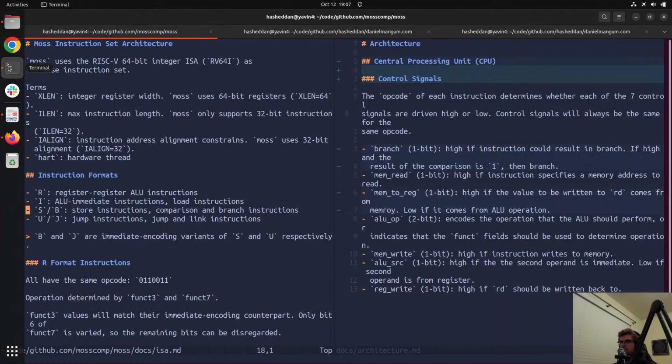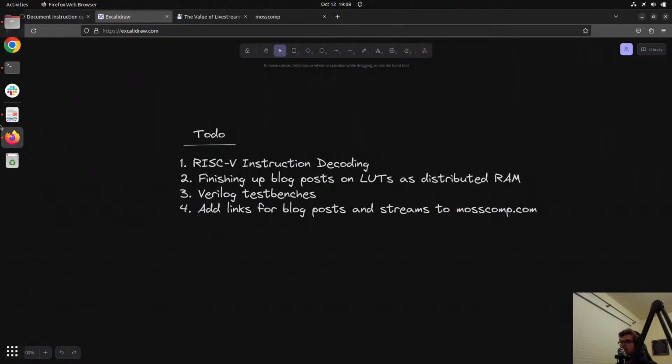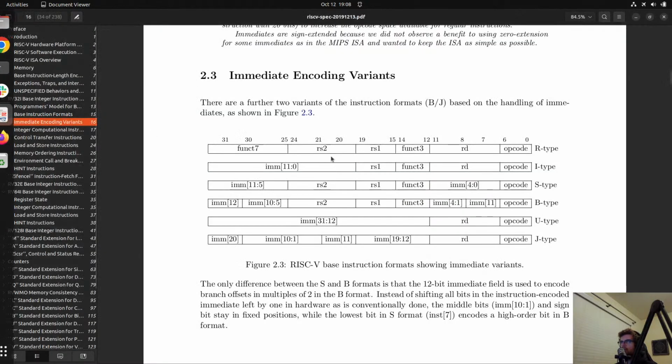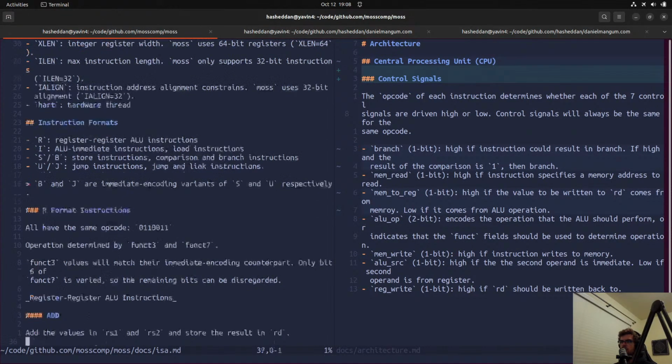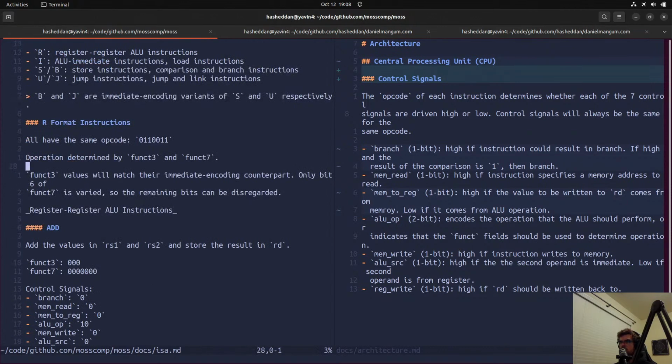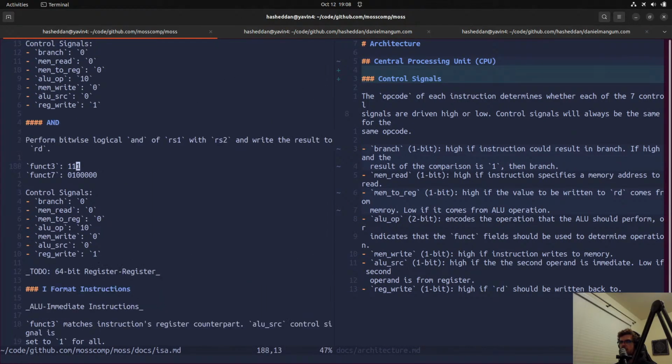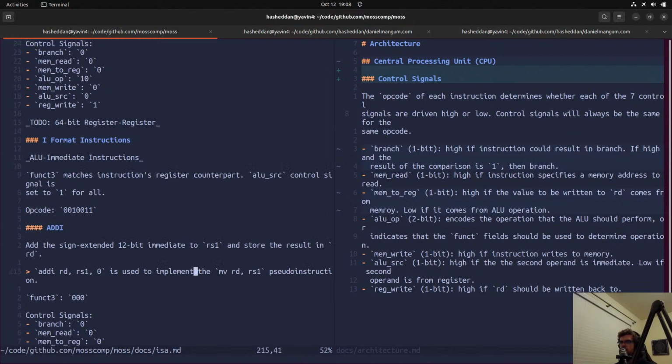B is the immediate encoding variant of S, and J is the immediate encoding variant of U. Sorry, got those switched around there. Cool. So we'll look at how those are used today. Last time, we looked at our R format instructions, and we also looked at our I format instructions.